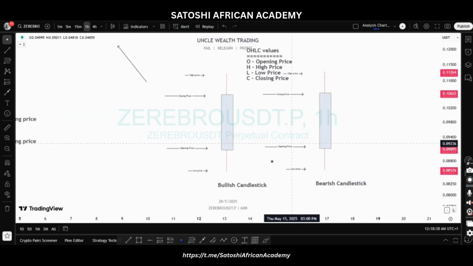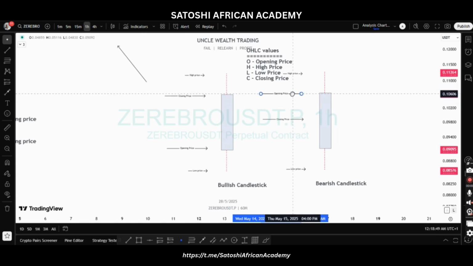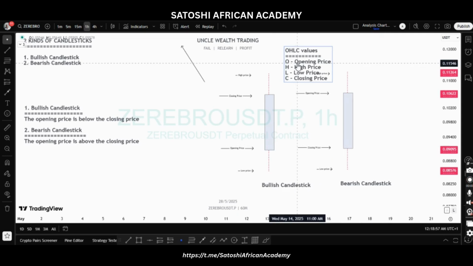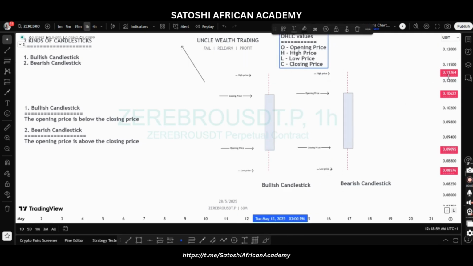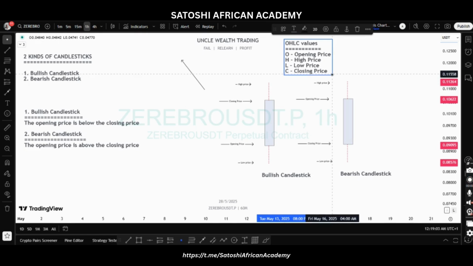That is the only difference. The high price and the low price remain the same. So basically what we are saying is that this opening price is up here, while the closing price is down here. But as for the high and the low price, they remain the same.